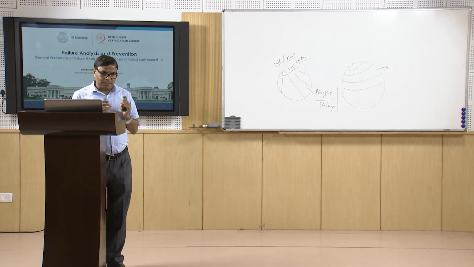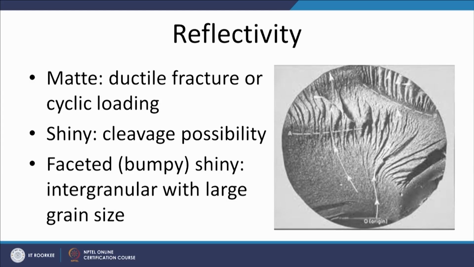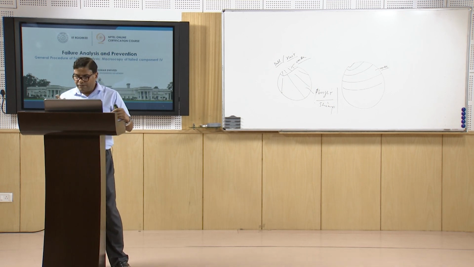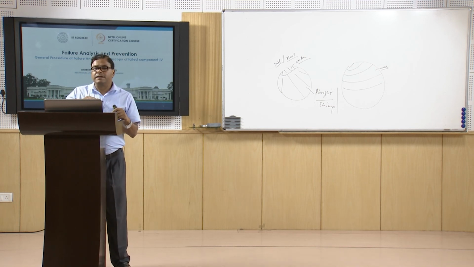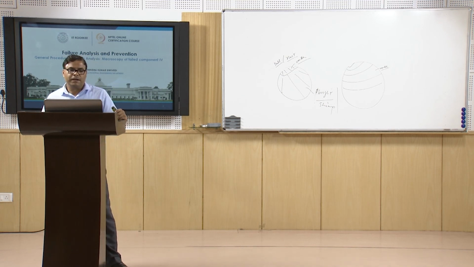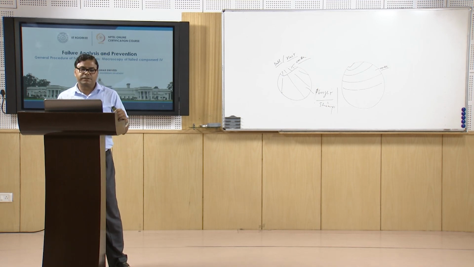Then another one is the reflectivity of the fracture surface. There are a few surface features, like the matte fracture surface, which we can observe under two conditions, when the material is ductile. So, in ductile fracture a somewhat dull and matte surface is observed, as compared to the flat and shining fracture surface which is observed under brittle fracture conditions.